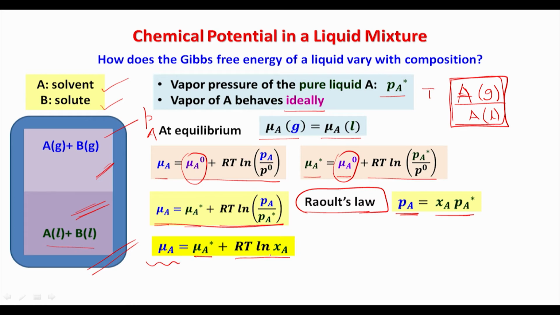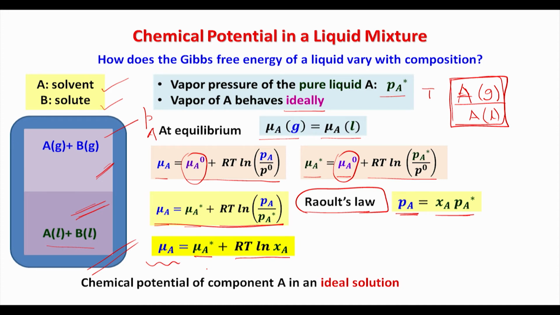So that says that if I know the mole fraction of the solvent A in the solution, I should be able to find out the chemical potential of the component A in the vapor phase, which is in equilibrium with the liquid solution.